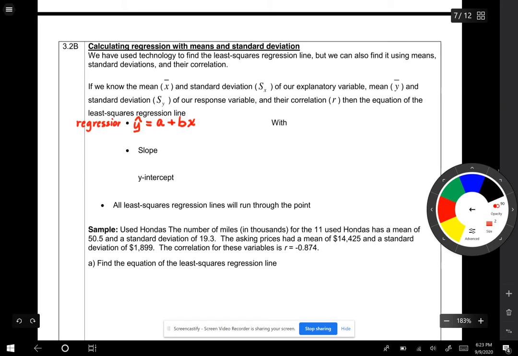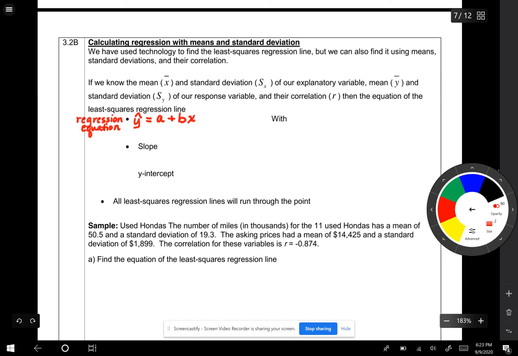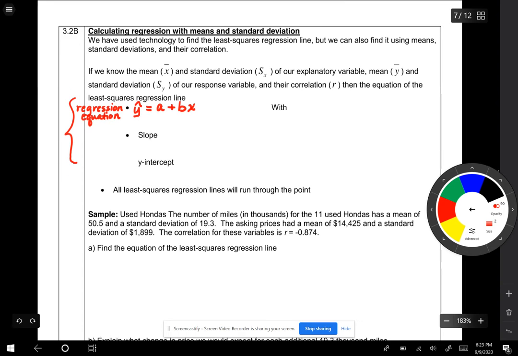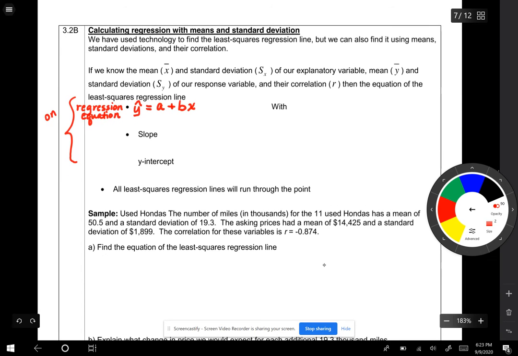It doesn't tell you what the equations are. You just kind of have to recognize them on the formula sheet. These remaining two equations are on the formula sheet also. So on formula sheet part one.